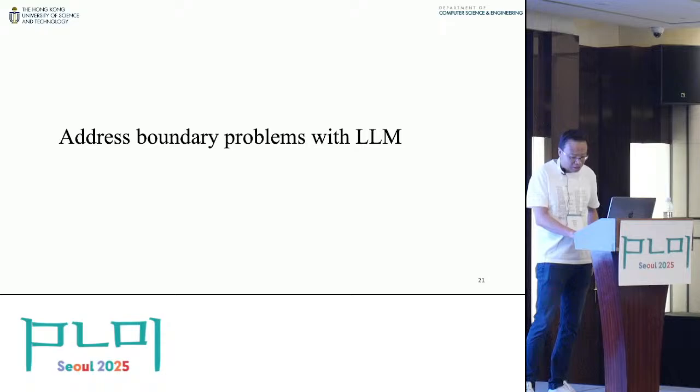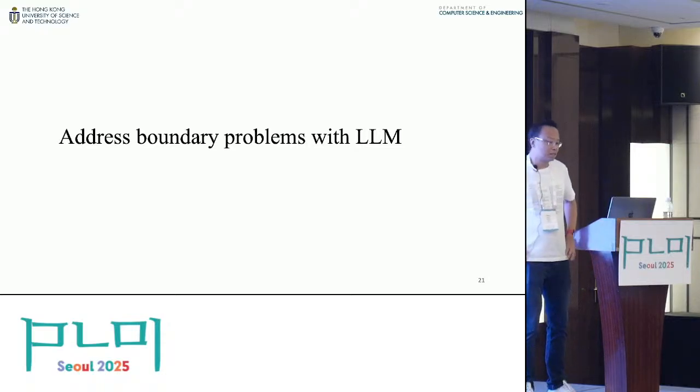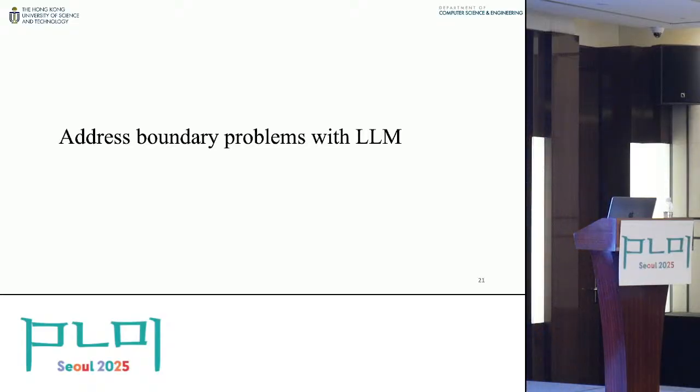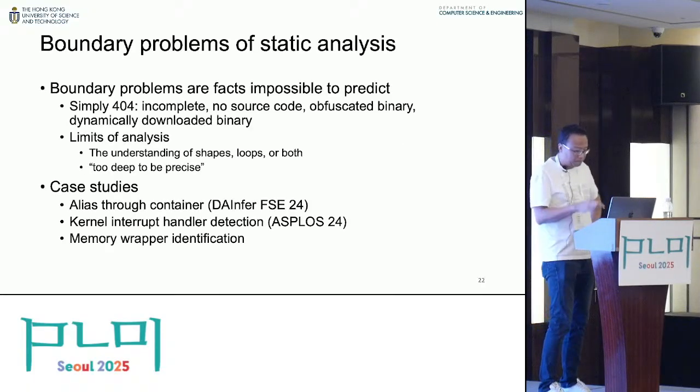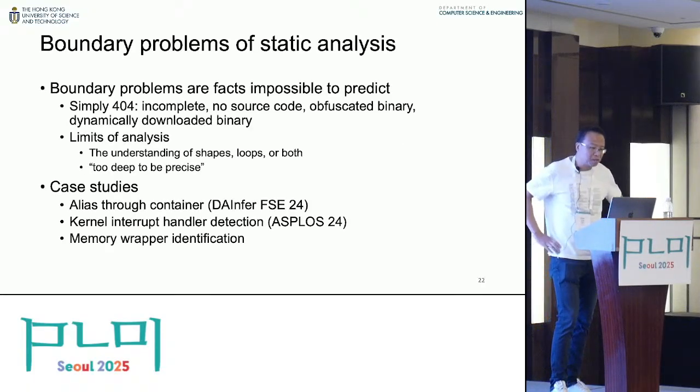Our experience has been that it's pretty good in certain specialized tasks, which we call boundary problems. So what are the boundary problems? Boundary problems are the parts of the software that are missing. There are many different scenarios why they're missing.